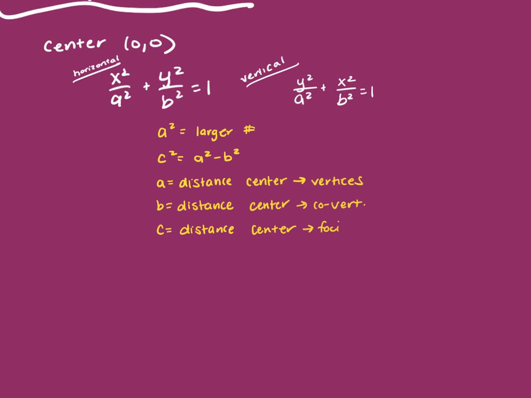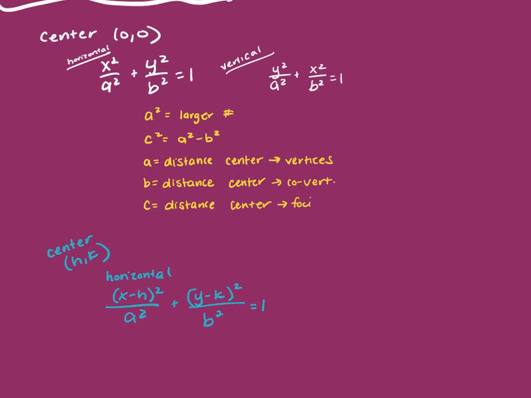And then if my center is not at 0, 0, so it's shifted, it's at h, k, the only thing that changes is the top of my equations. It's still horizontal if it's x minus h squared over a squared, so the x still has to be over the larger number, plus y minus k squared over b squared equals 1.